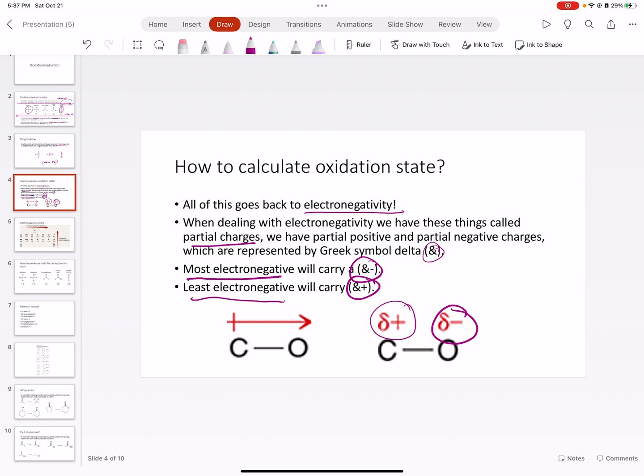So when we're calculating oxidation state, we focus on each bond individually, or on each separate group of bonds individually. Right now we're just looking at a separate bond between carbon and oxygen, and we know that oxygen is going to carry the negative charge and carbon is going to carry the positive charge.